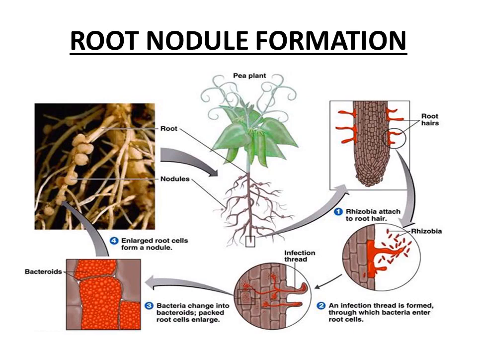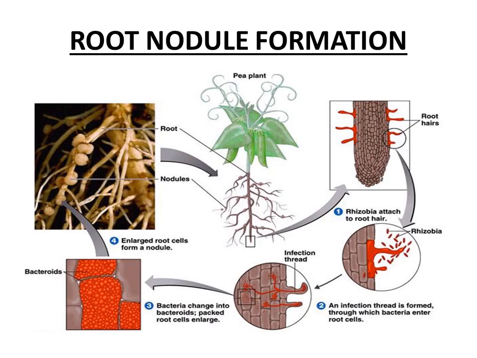So the first step in nodule formation is recognition of the proper host. The second step is attachment of rhizobium onto the root hair. How exactly they attach, let us study later.